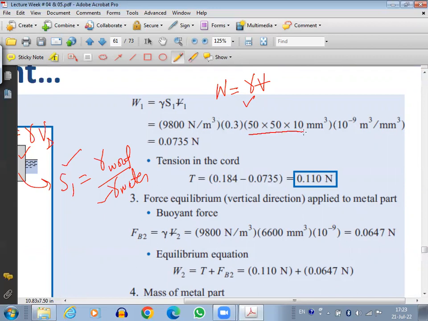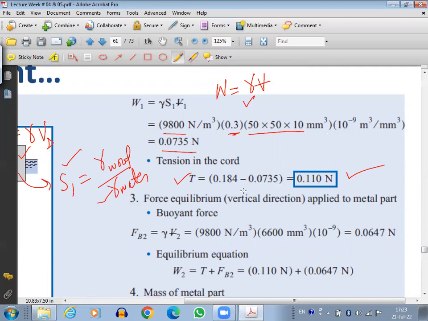So 50 by 50 by 10 multiplied by gamma, and here by specific gravity as well, if you include this formula together. So we get weight 1, W1. If we know W1 and FB1, we can find the tension in the spring. The tension in the spring is done. Till here it is clear or not?